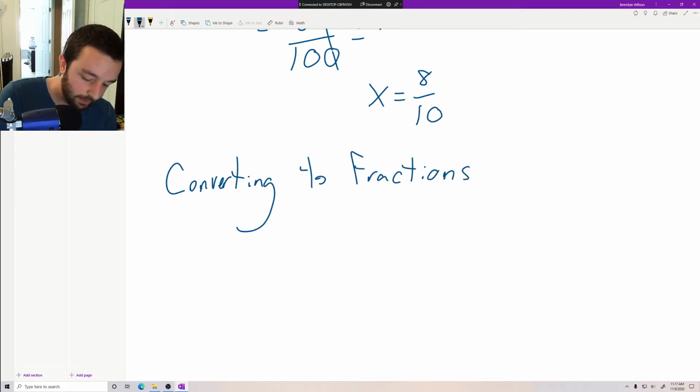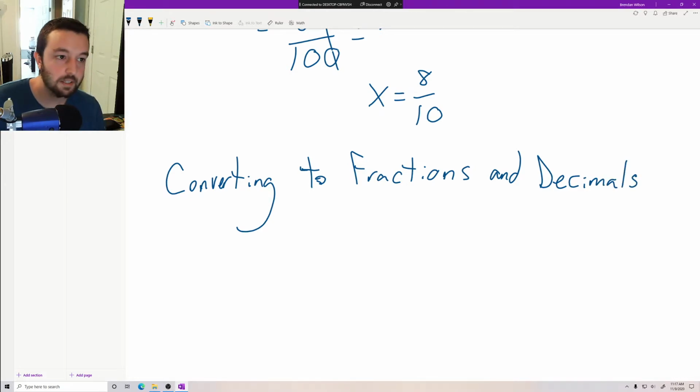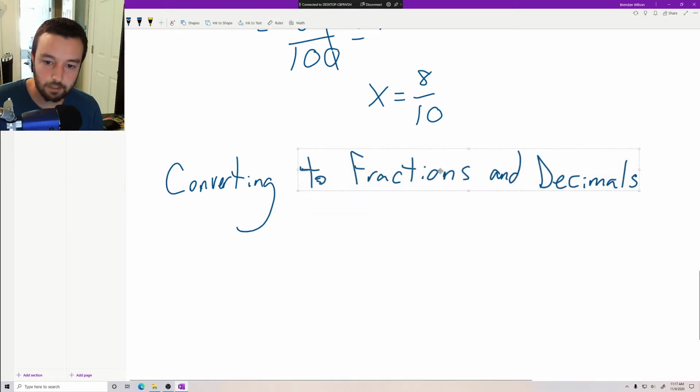Okay. This might be helpful because we've already talked about fractions and decimals. So if we put it into this context, it might make more sense for the time being.